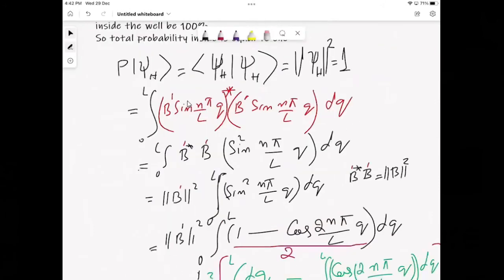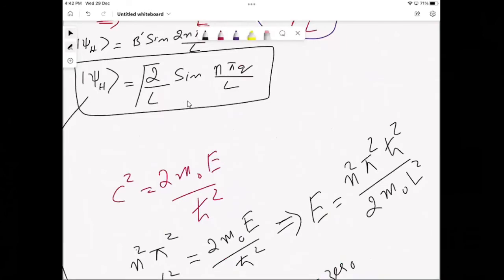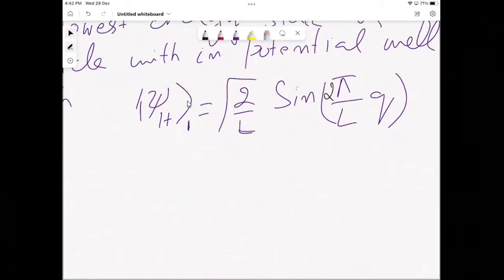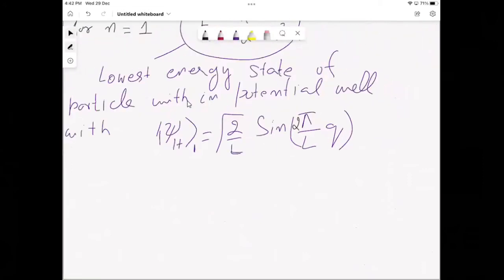After putting this value, this becomes sine n pi over L. So this will be your result.